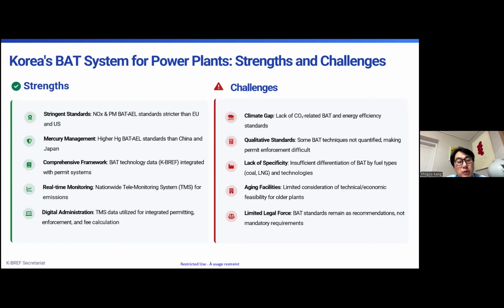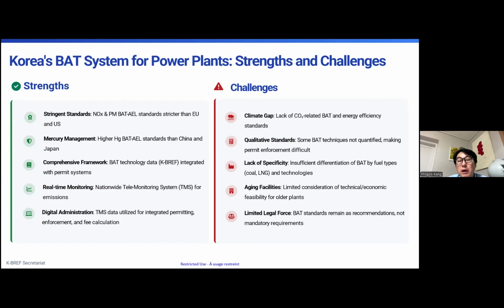For this, if the OECD has an opportunity to show it, I, or my colleague, will present these things at the 10th OECD expert meeting in Korea, hopefully. And also in Korea, we have a powerful real-time monitoring system, such as TMS, telemonitoring system, for all sectors.